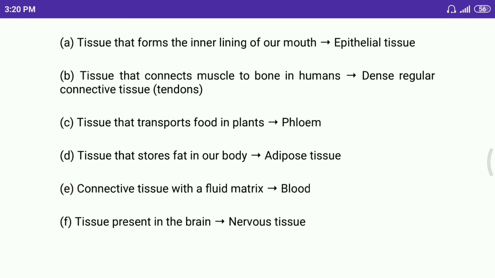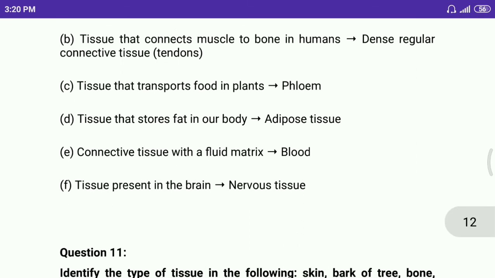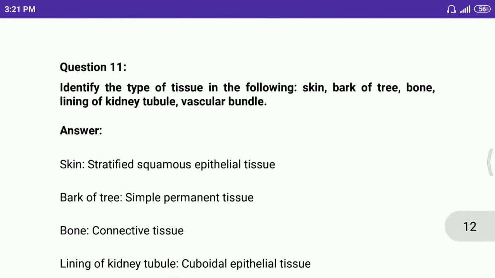C. Tissue that transports food in plants is phloem. D. Tissue that stores fat in our body is adipose tissue. E. Connective tissue with a fluid matrix is blood. F. Tissue present in the brain is nerve cell tissue, nervous tissue.